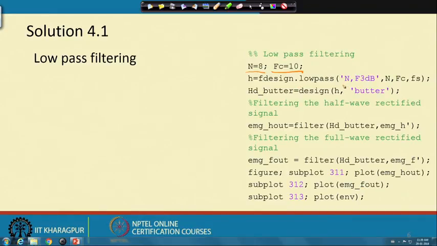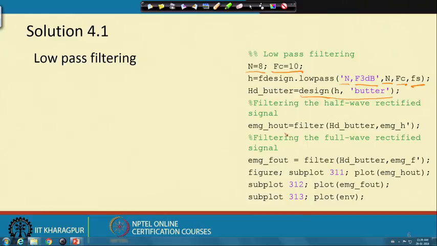Using the design criteria, the order and the 3 dB bandwidth, we assign them N and FC, that is 10, and Fs, we know in this case, is 10 kilohertz. With that we have created the design, and then we have created the low pass Butterworth filter using those criteria.